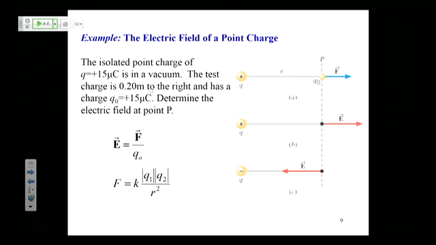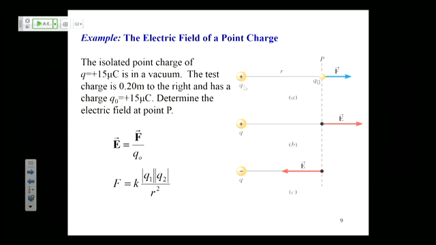Okay? So now, in order to determine the electric field at point P, we need to calculate the force between the source of the field and the test charge, and then we divide the force by the test charge in order to get force per unit charge. So we use Coulomb's law.